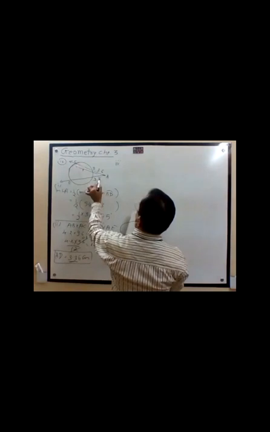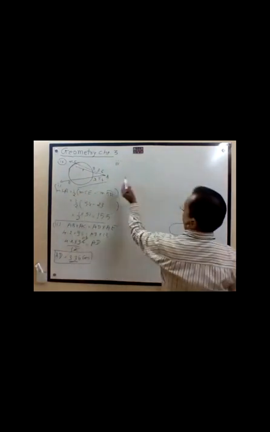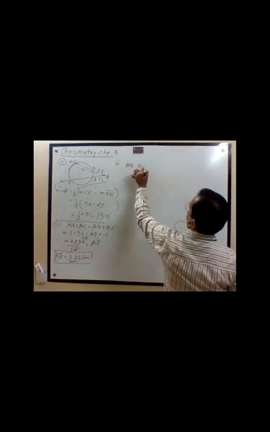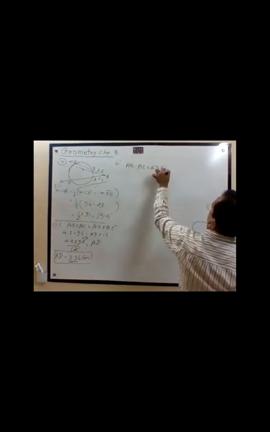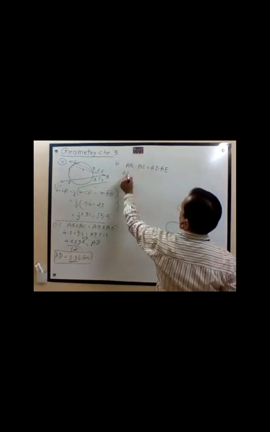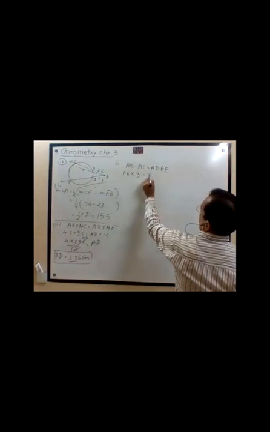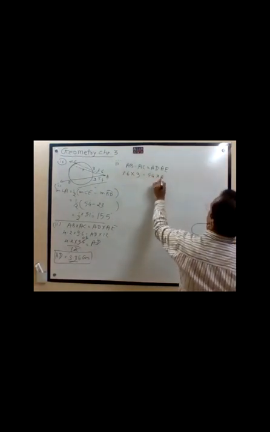AD is 5.4. Find AE. Again from the intersection: AB into AC equals AD into AE. This is given: 3.6 into 9, and 5.4 into AE, that we want.